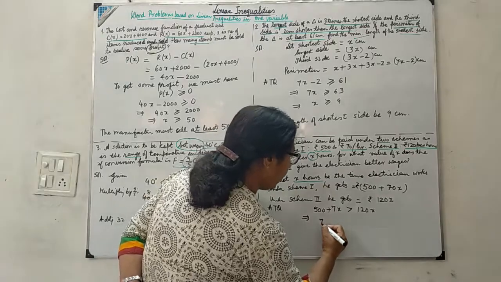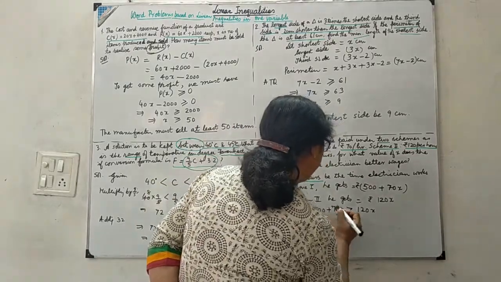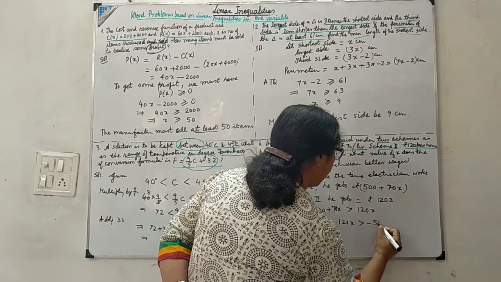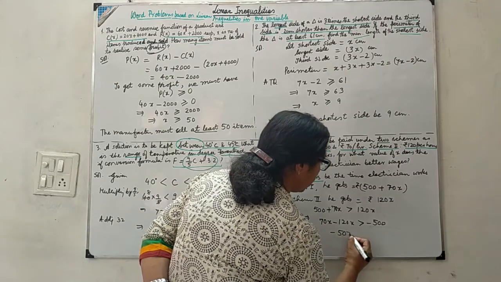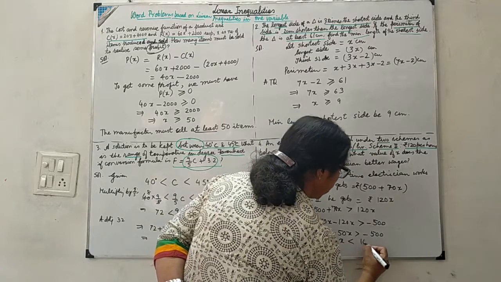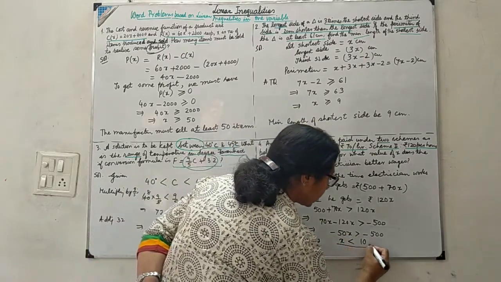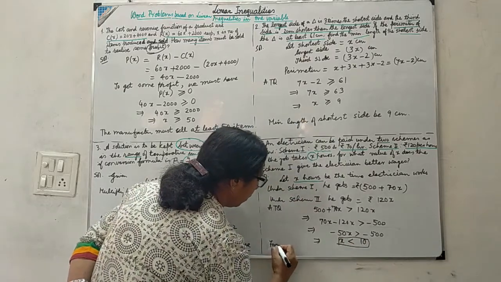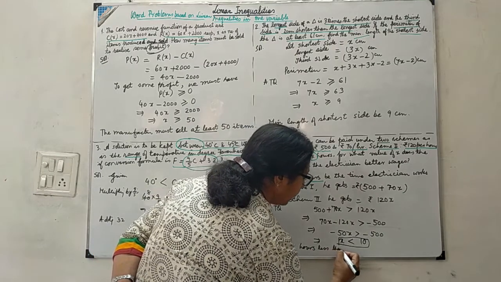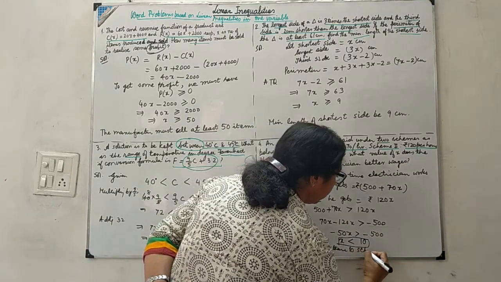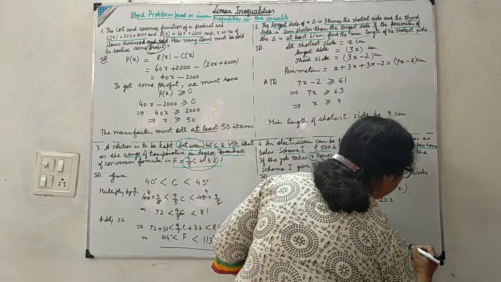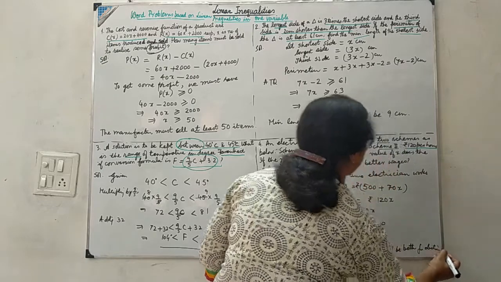From here 70x minus 120x greater than minus 500, that is minus 50x greater than minus 500. Dividing both sides by minus 50, the inequality sign changes. So x less than 10, that means for number of hours less than 10, scheme 1 will be better for the electrician. Thank you.